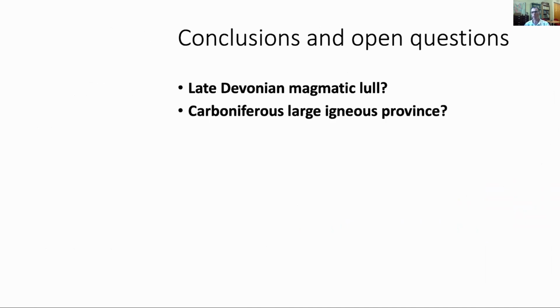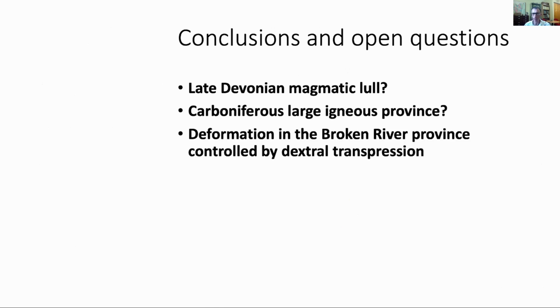The geodynamic processes that led to a magmatic lull in the Devonian and the large igneous province during the Carboniferous remain open questions, great ideas from the Monash group, but we do have evidence that the deformation in the Broken River province is younger than previously thought, and it is ultimately controlled by dextral transpression.